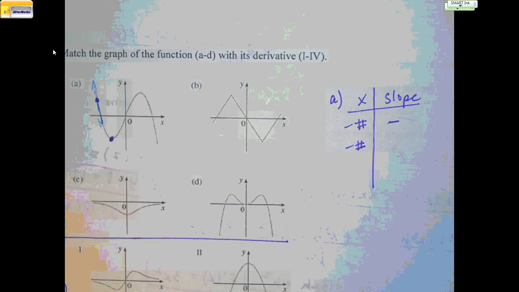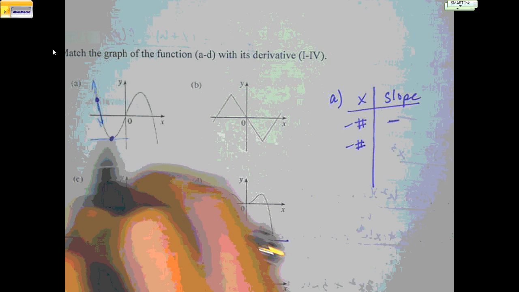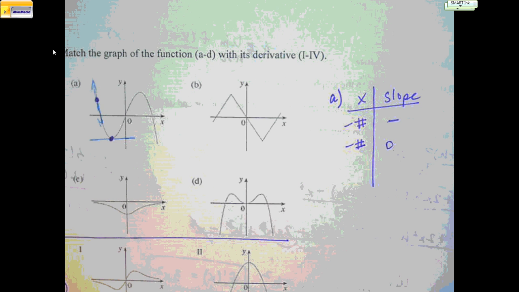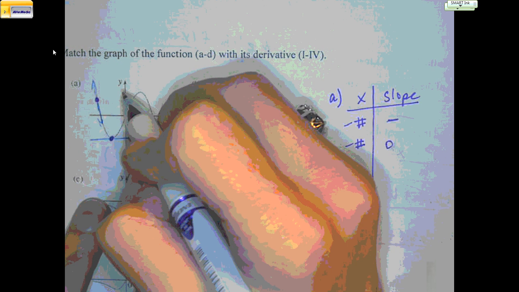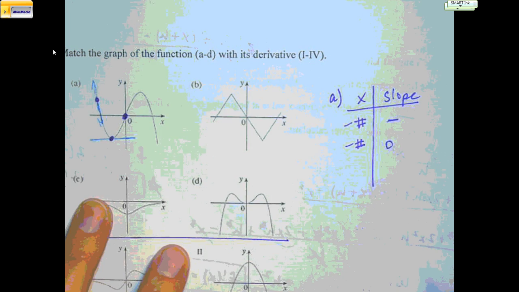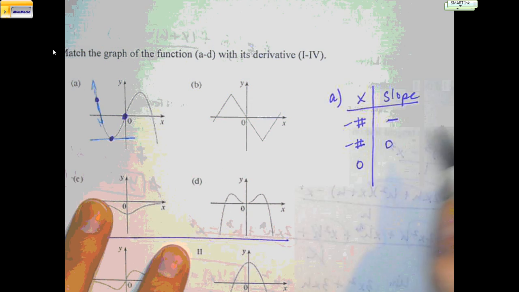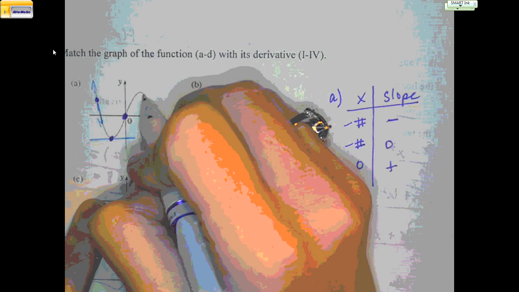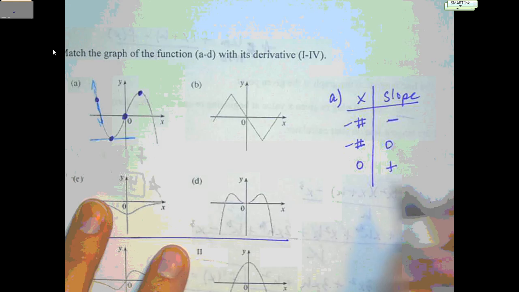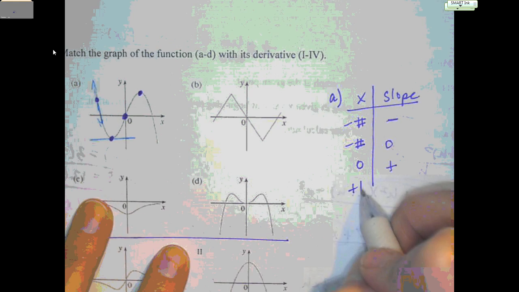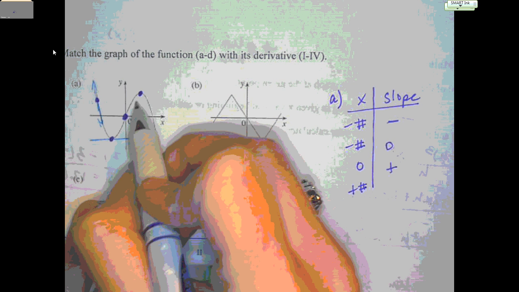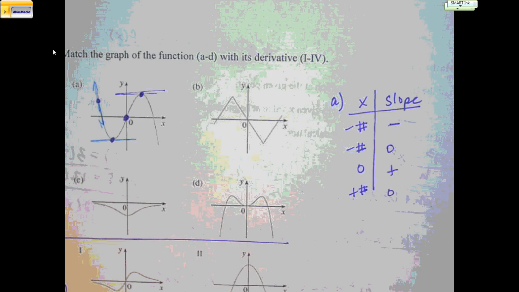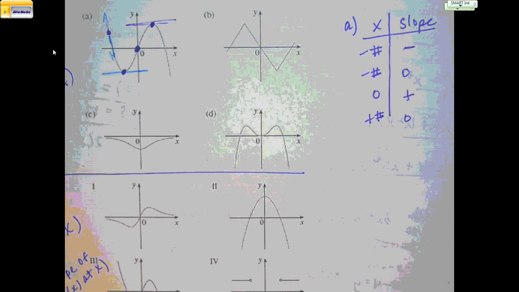And what about that slope? 0. All right, let's keep going. This little guy right here, what's the x value? 0. What's the slope going to be? Positive. Let's do one more just for kicks. X value is a positive number. And what's the slope right there? 0.